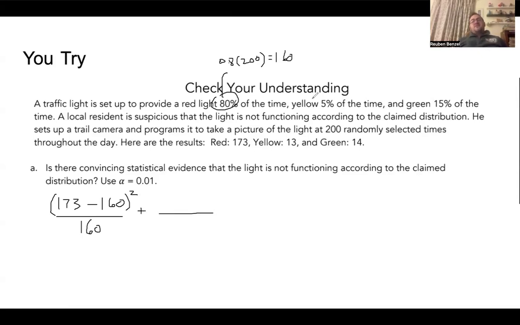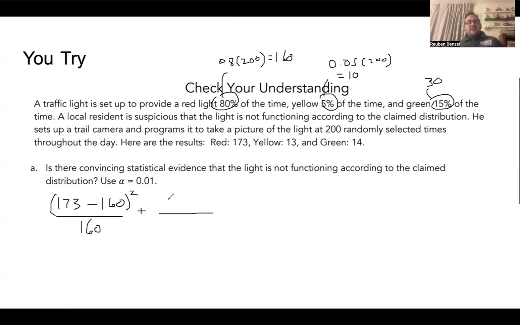And then 5% of the time, this is 0.05 times 200. So we would expect that 10 of those times we would see a yellow light, and then we would automatically assume, if we want to get to that 200, that there would be 30 green lights going on.